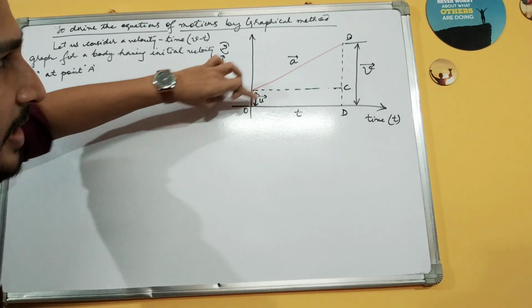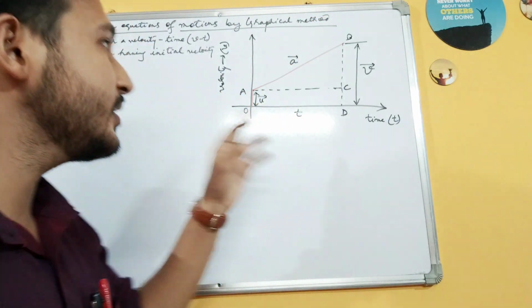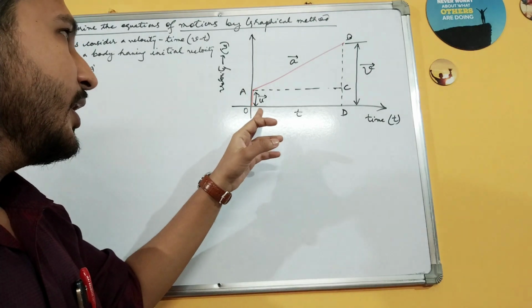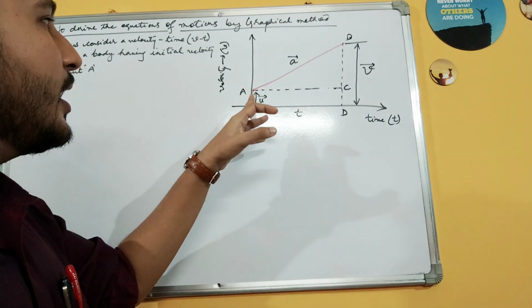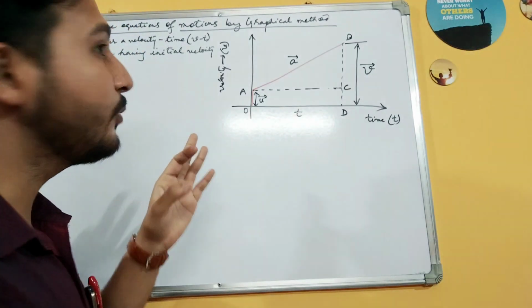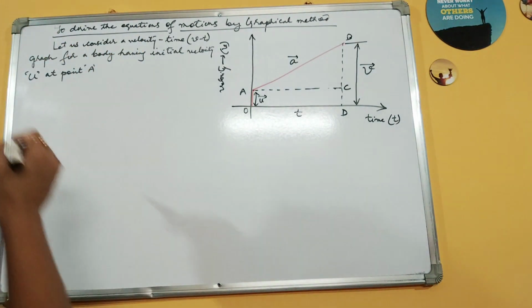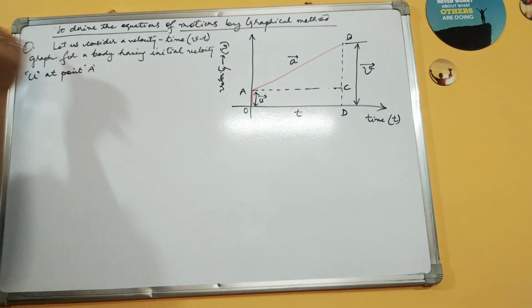So मैंने zero से start नहीं किया ये graph. I didn't start the graph from the origin because the body didn't start from the origin. अगर ये body origin से start होता, u हो जाता zero, तो हम लोग proof नहीं कर पाएंगे. That is, v is equal to u plus at proof हम लोग नहीं कर पाएंगे. इसको 1 दे देना because we are proving the number 1 equation.